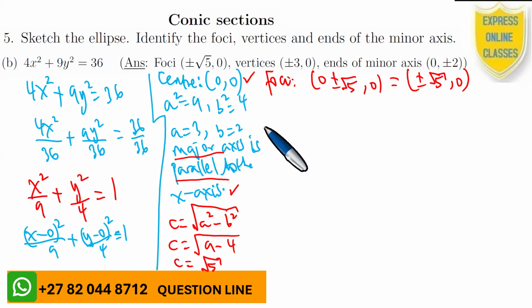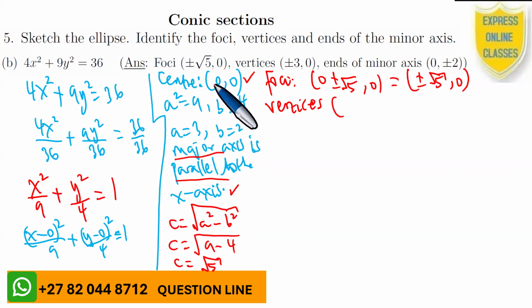So simultaneously, you're going to have the following. You're going to have the vertices. The vertices lie on the major axis, and the major axis, in this case, we've already said is parallel to the x-axis.